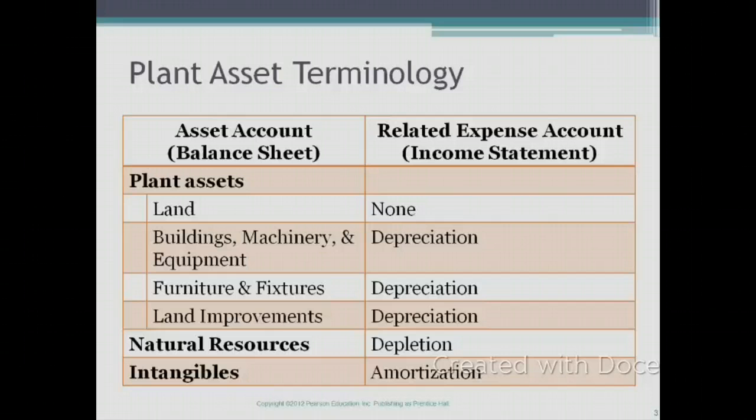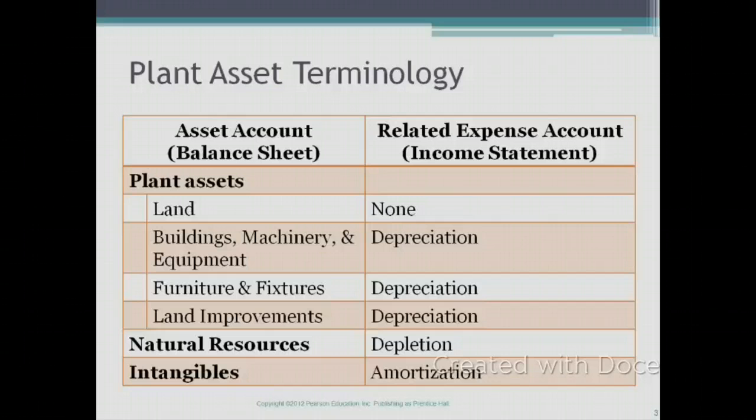Another long-term asset on your balance sheet is intangibles. Intangibles are assets that cannot be touched. Basically, they are not physical. They are a concept, or something that you're purchasing that cannot be physically touched. Examples of intangible assets are copyrights, patents, franchises, and goodwill.